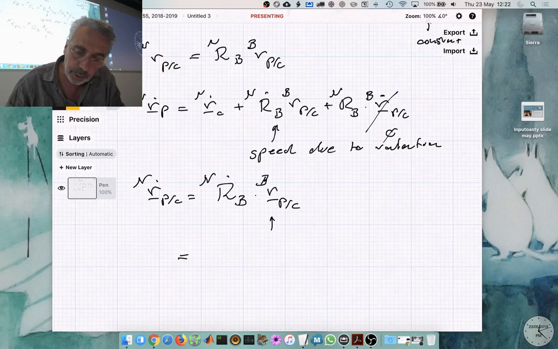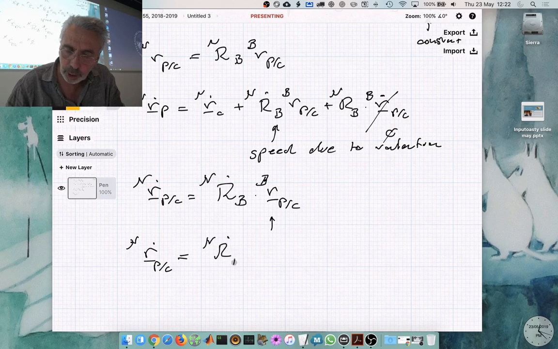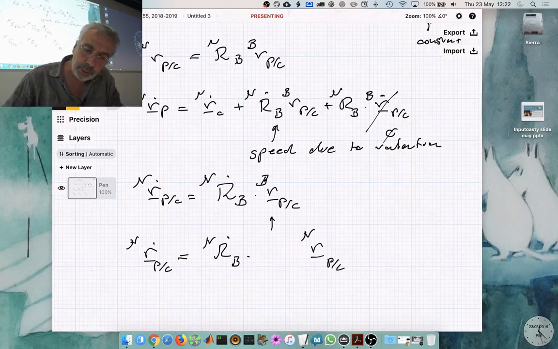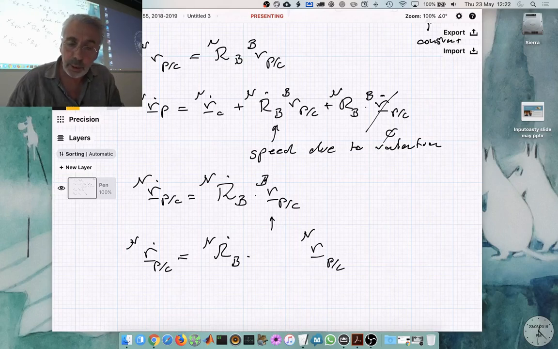So I can write the speed of P with respect to C as this r dot_B, and now I have to find a way to transform these to these. Now we know of course what that is. That was our rotation matrix itself, not the time derivative, and then the inverse, and for the inverse we need the transpose.